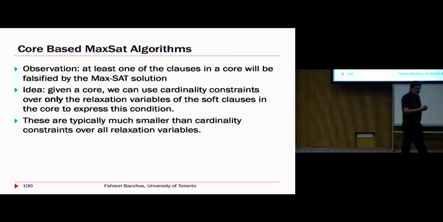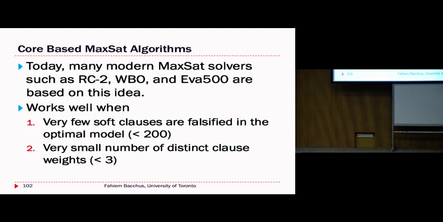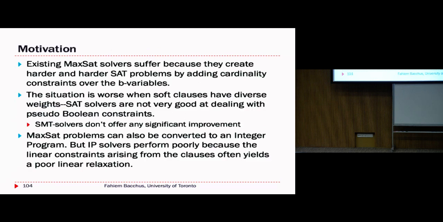But it doesn't seem to work very well. It doesn't seem to help much. I have some ideas why, but you can ask me that offline. Yeah, you need to share the variables, basically, and you don't. Right. So, as I said, SMT solvers don't seem to offer an advantage here.